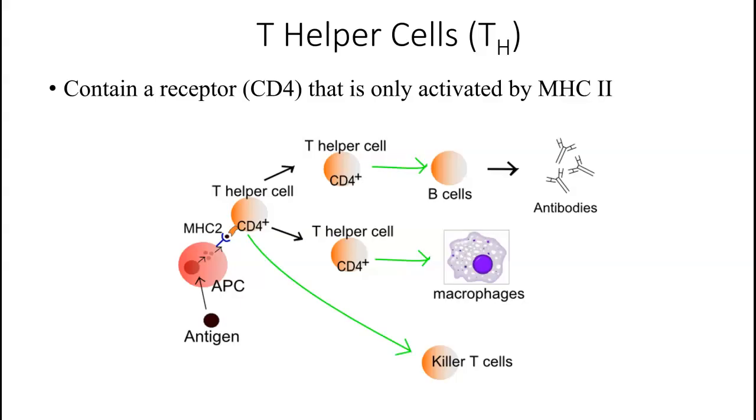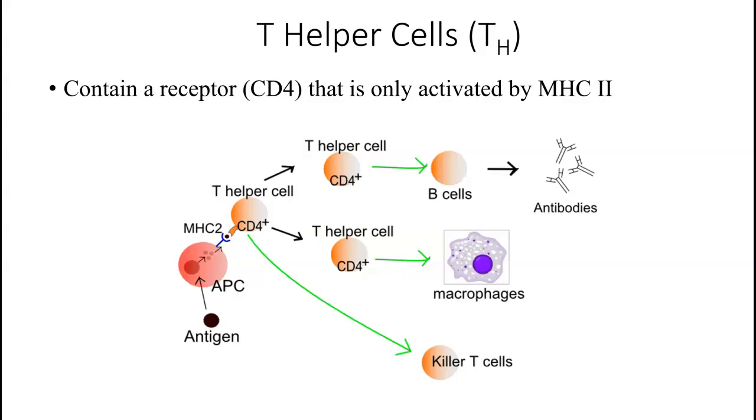Now, T helper cells have a CD4 receptor that's only activated by class 2 MHCs. So when B cells find and bind to antigens, they're going to wait for those T helper cells to inspect them to make sure that what they found is bad. And then we're going to start to clone those cells and then make a lot of antibodies.